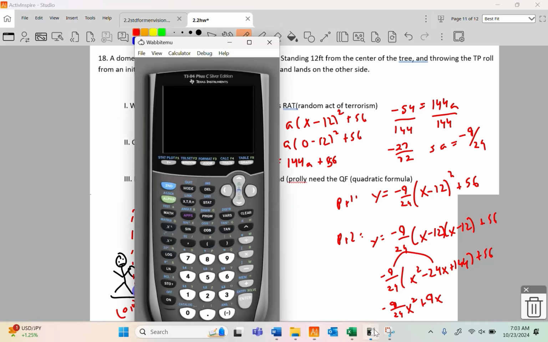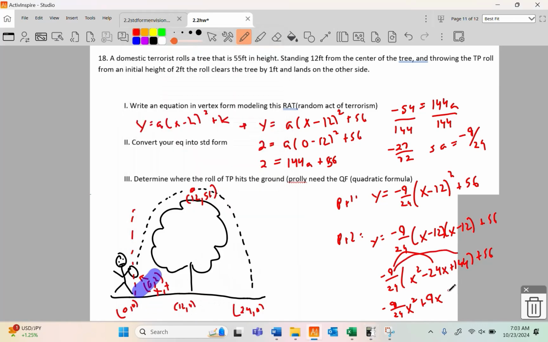That's exactly what I'm going to get back. I don't need a calculator for that. That times that's minus 54. Add your 56, and you get negative 9/24 of x squared plus 9x plus 2. See that 2? It's that 2 right there, the y-intercept.